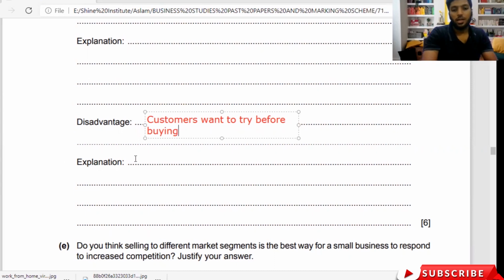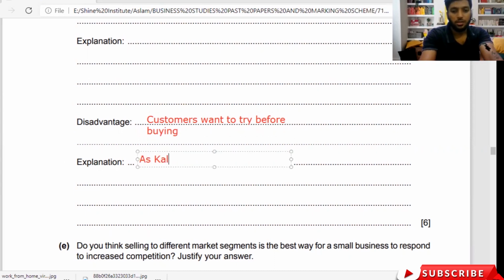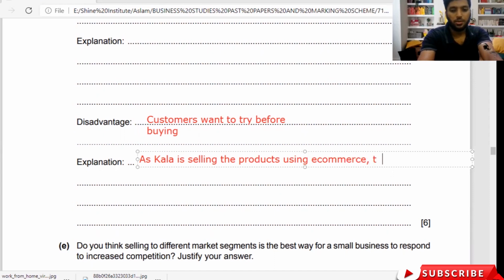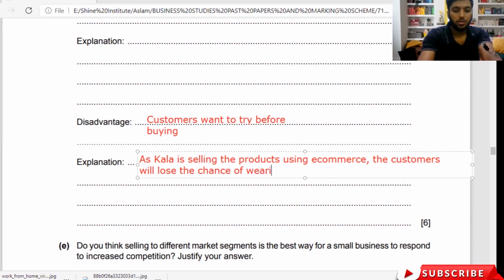So you can write here, as Kala is selling the products through online, using e-commerce, the customers will lose the chance of wearing the product when they make the purchase.